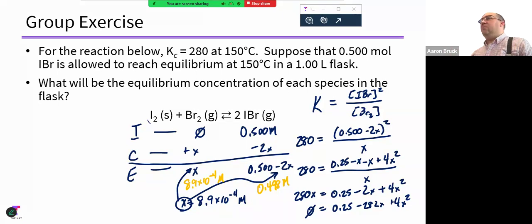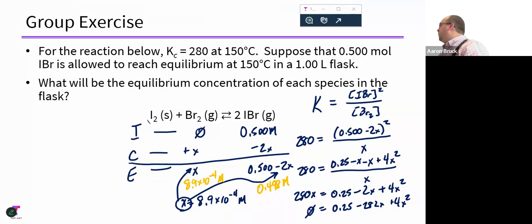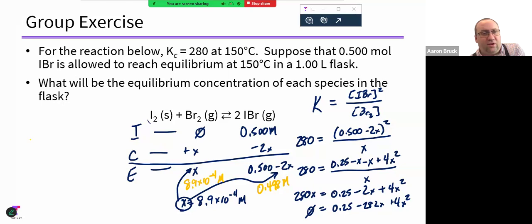Now, an easy way to double check ourselves and make sure that we did it correctly, we can plug those values back into our K expression and make sure that we're getting something in the neighborhood of 280. So with those values, 0.498 squared over 8.9 times 10 to the negative fourth.